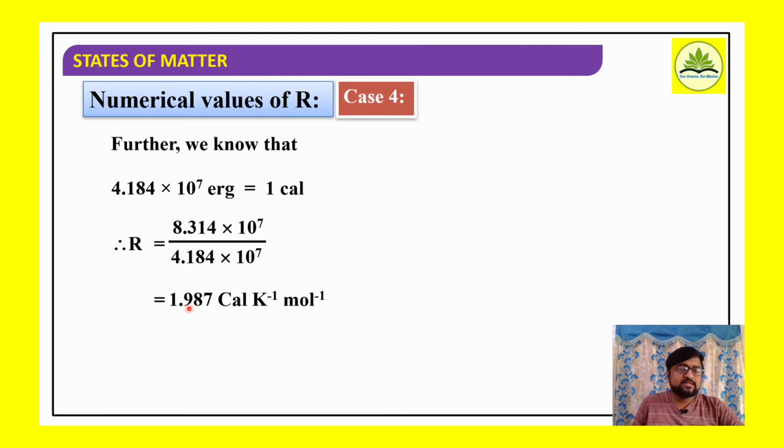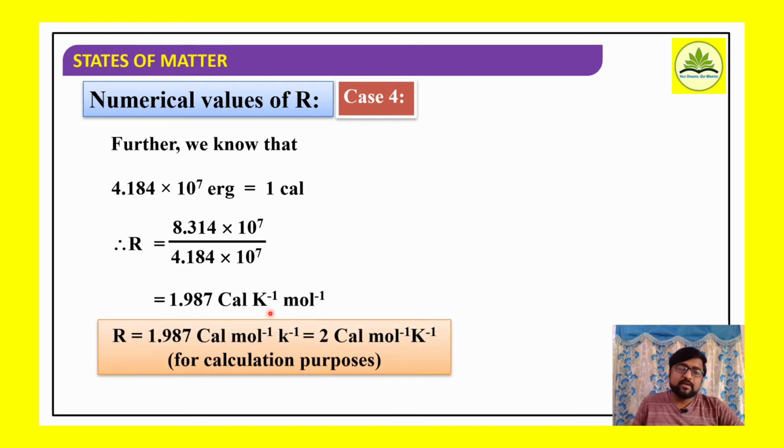If you simplify this, we get 1.987 calories per Kelvin per mole. If you roughly round up 1.987, it is 2 calories per mole per Kelvin.